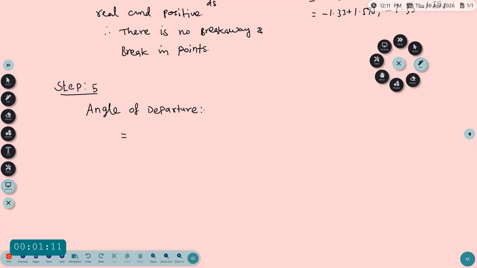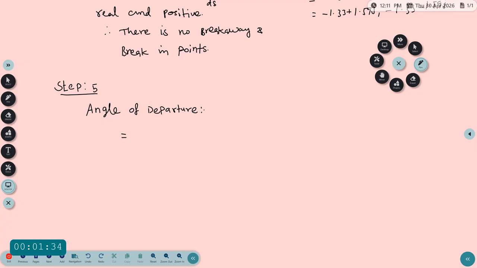So when we need to find the angle of departure, it means your open loop transfer function G(s) has complex conjugate poles. If your G(s) has complex conjugate zeros, then we need to identify the angle of arrival.